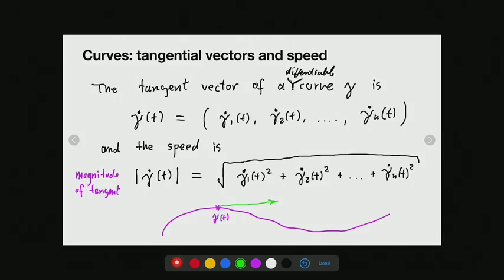It's a vector. It's literally tangent to the curve. And it tells you, okay, what is the direction where the curve is going and how fast is it going. The longer the vector, the faster the curve is moving. For example, here it would be like this, and so on.